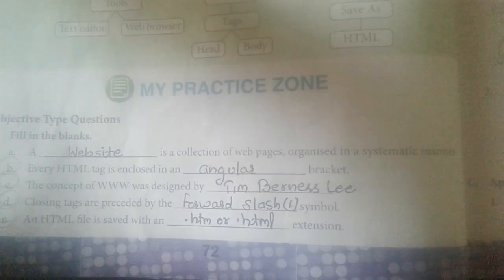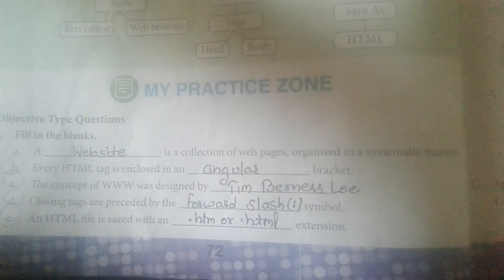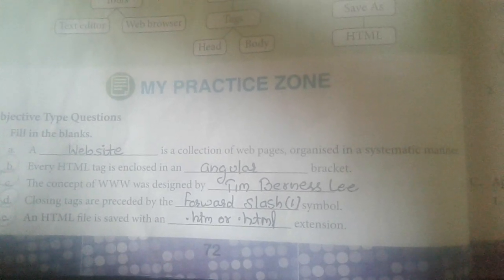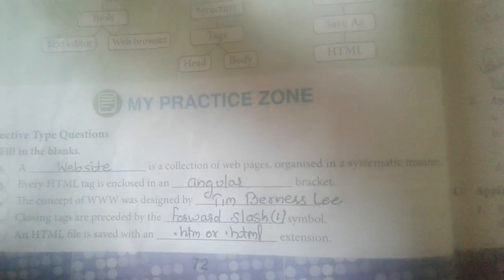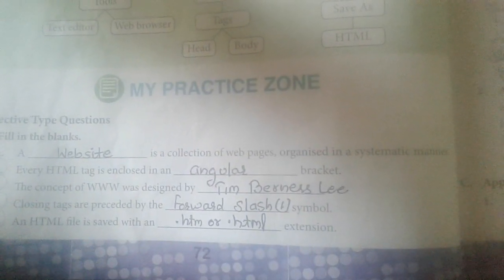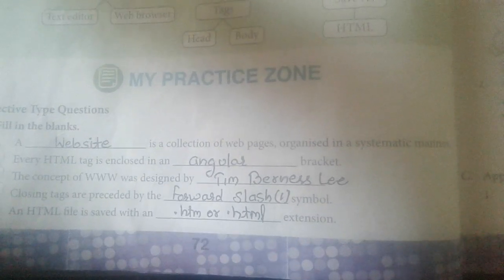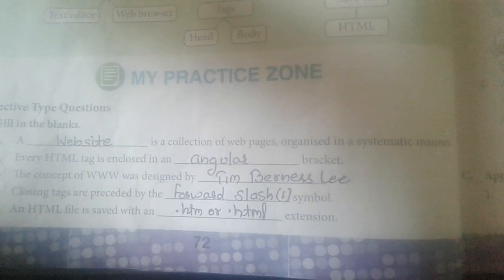Then the second last, closing tags are preceded by the forward slash symbol. Absolutely correct, because whenever we are going to close a tag, what we need to do is make the angular brackets, and after the angular bracket we mark a forward slash, right? So that one is the closing tag.